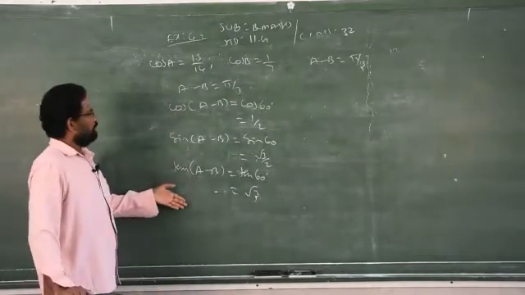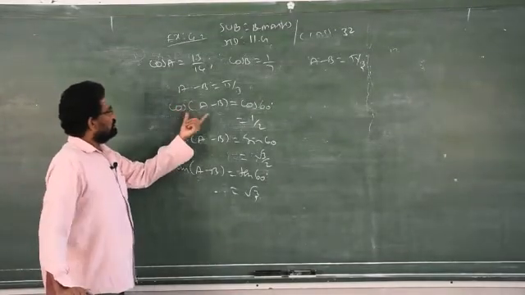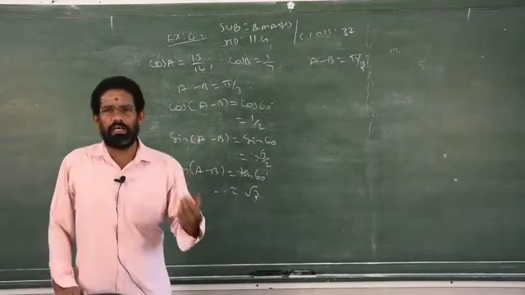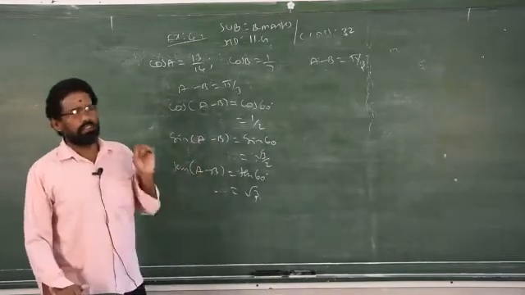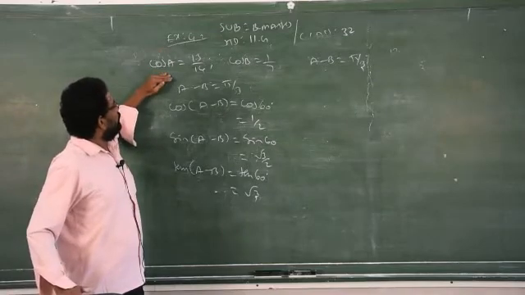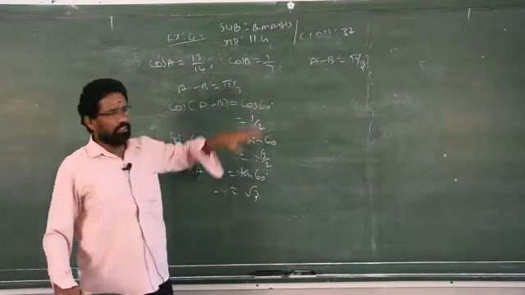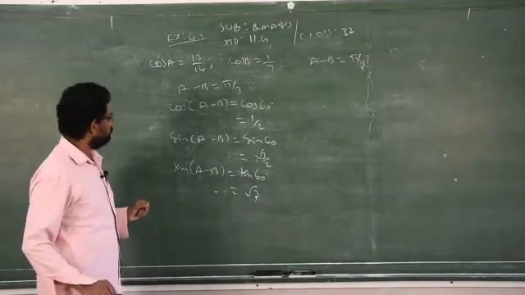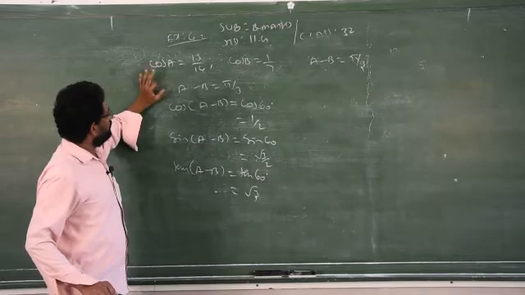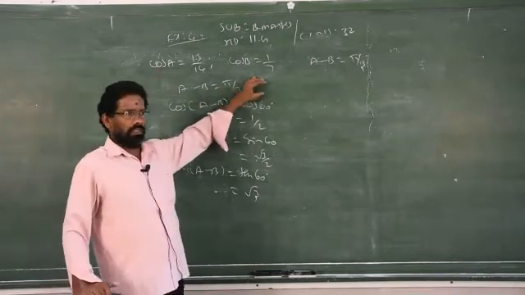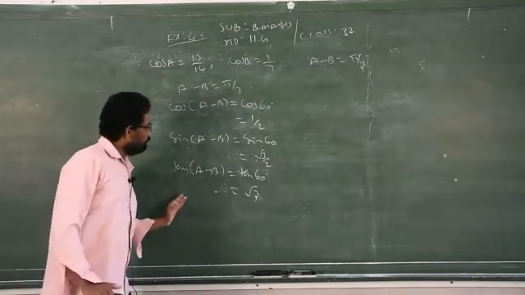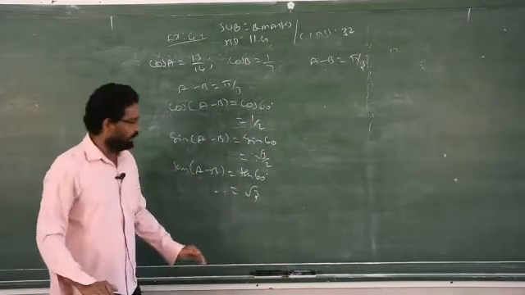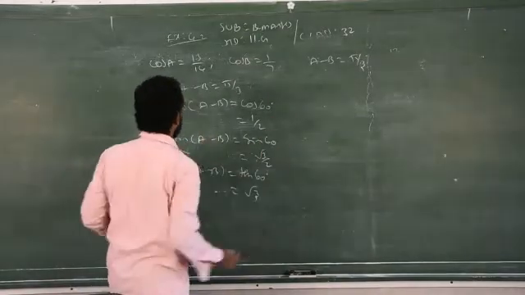So you have three formulas. The first two formulas depend on the combination of sin A, sin B, cos A, cos B. So you must find sin A from this information, sin B from this information. To use the third formula, you must find tan A from the first information, tan B from the second information. After that, you just have to replace all these values in the respective formulas, and you will get the required answer.